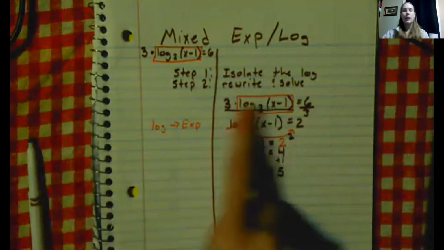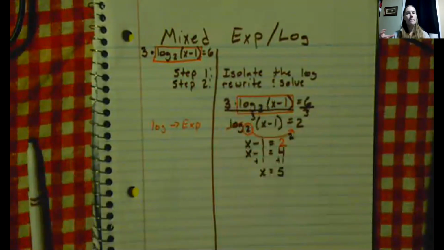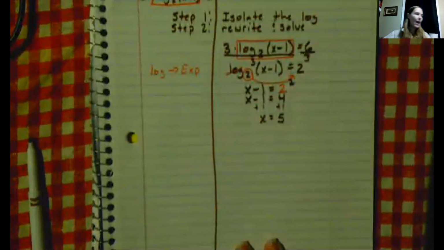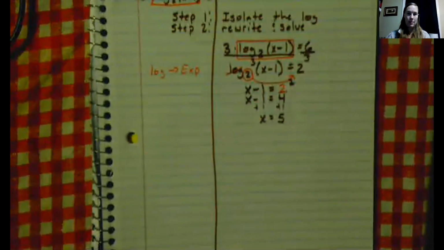It may look like a super complicated problem, but to solve it, we're using all of the knowledge we've been learning this week, plus the stuff from algebra. We're isolating variables, isolating things, and rewriting. So that's with logs. You do the same thing with exponentials.